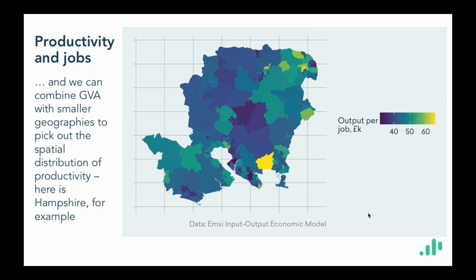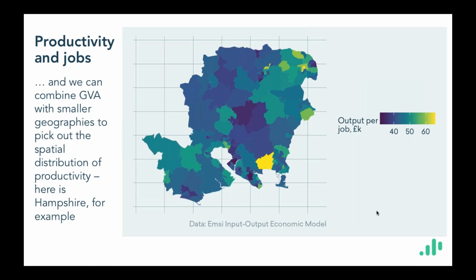So you can see right in the centre, and obviously you look at the output per job on the right hand side, this dark navy blue, low output per job, going up to the yellow, very high output per job. Right in the centre of the county, really low economic activity when compared to the north and northeast of the region, where you have Farnborough and Fleet.